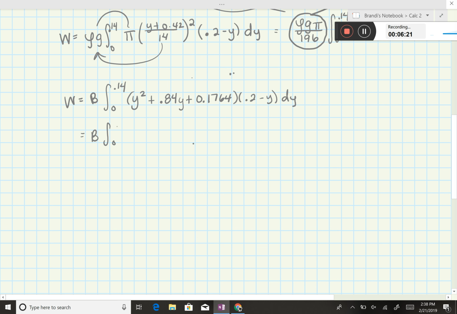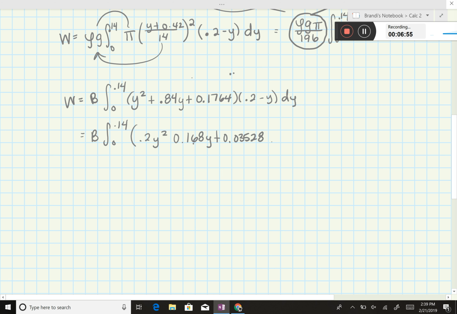So now I've got to continue working with those. B, 0 to 0.14. All right, that's 0.2 times y squared, 0.2 times 0.84, which is 0.168 y, plus 0.2 times 0.1764, which is 0.03528.